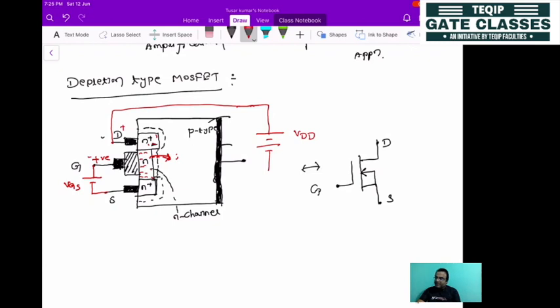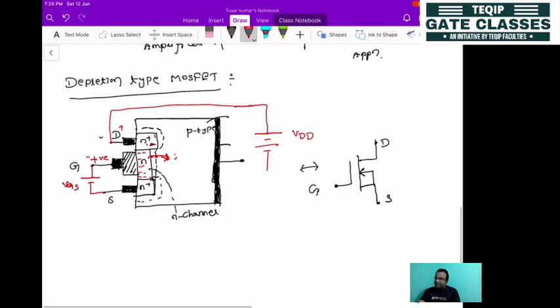If the positive is connected, all the electrons will be attracted here. Then the source will be connected here, so you are applying a voltage from the drain to source. This is how the biasing of the MOSFET happens.